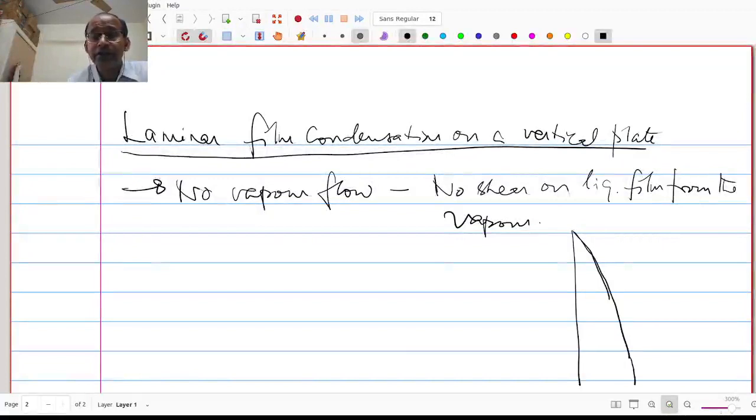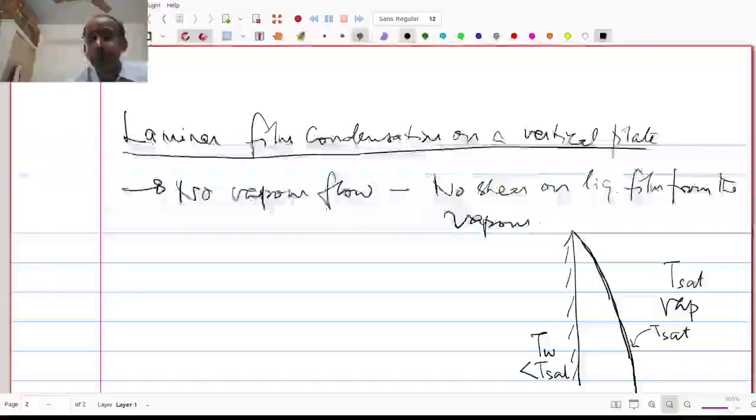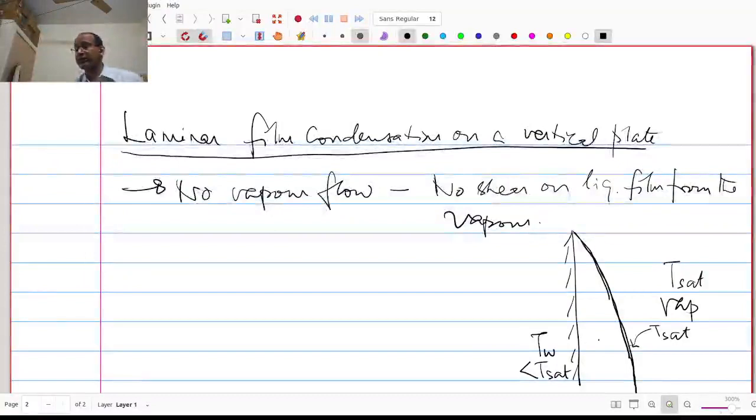Okay, this is the plate and this is the liquid vapor interface. Here is vapor, which is at temperature Tsat. This liquid surface will also be at Tsat, whereas this solid surface is at Twall less than Tsat, because of which this liquid film condensation is happening.